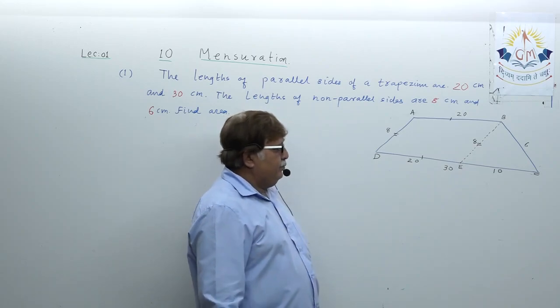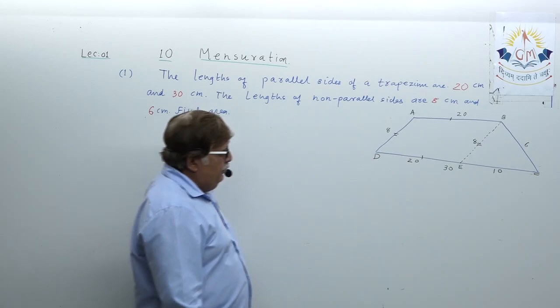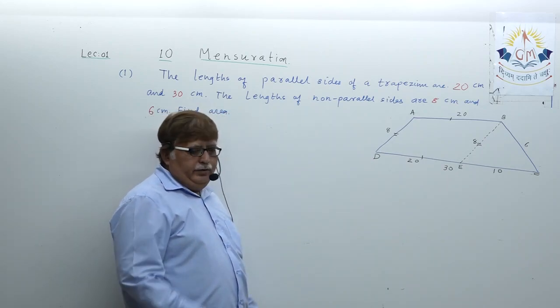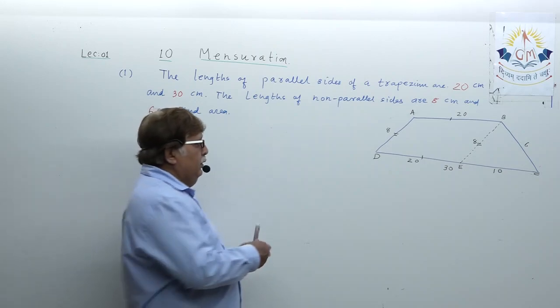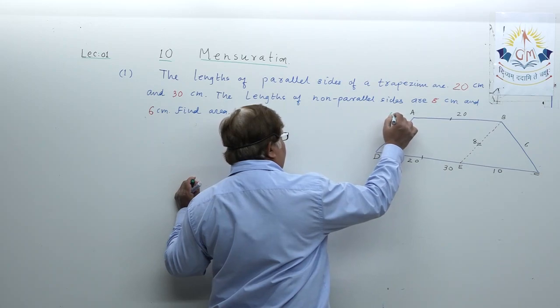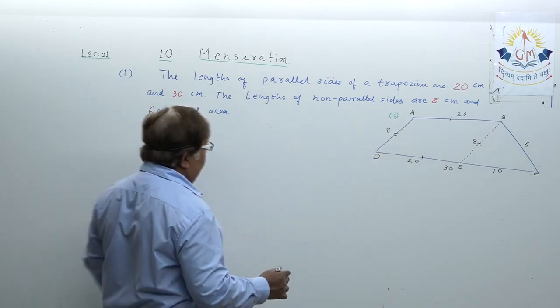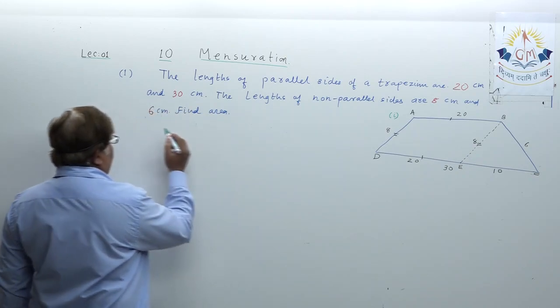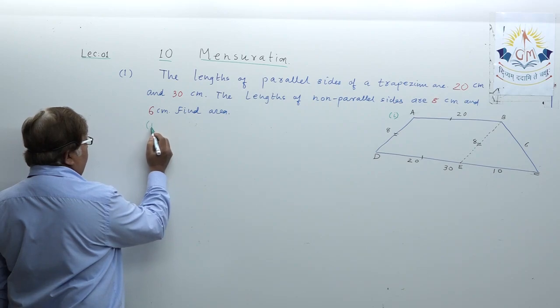Okay. 8, 6 and 10. The first step of the sum is over. And the first step is to construct a proper diagram. Okay.